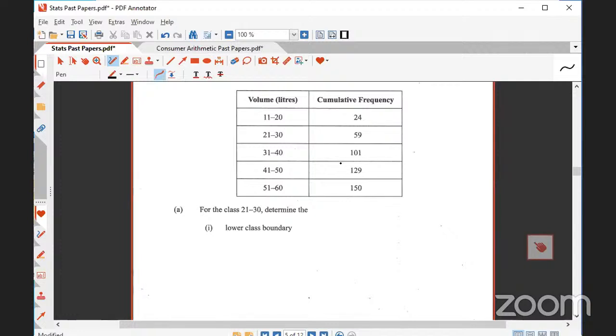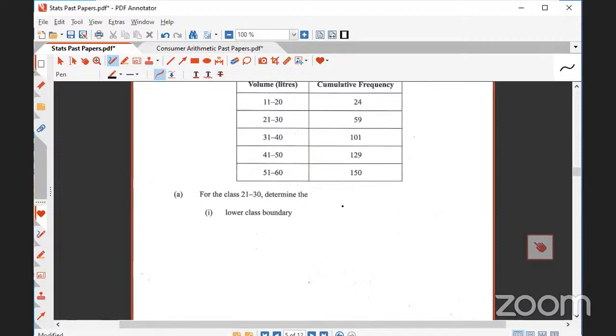Yes, sir. All right, so lower class boundary. It says for the class 21 to 30, determine the lower class boundary. So how do I get the lower class boundary?